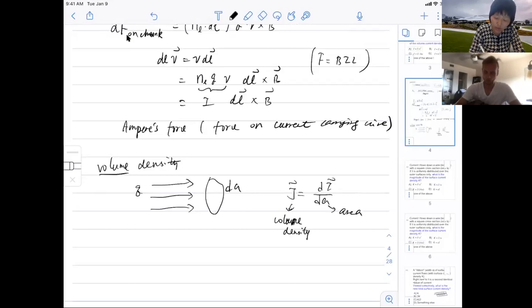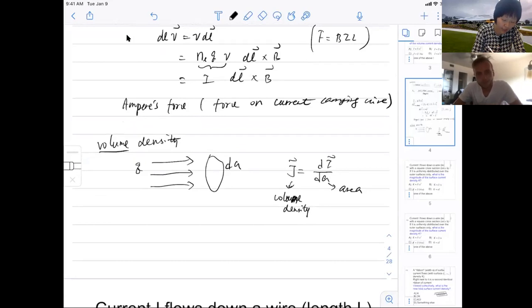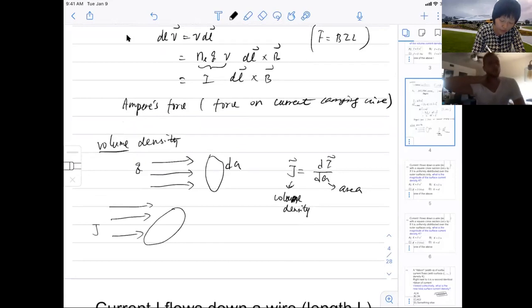We discussed that's because current already occupies one dimension, since it's only the charges flowing in one direction that give you current. Now if you have an area that current is flowing through, we're going to look at the perpendicular area as the one that matters.